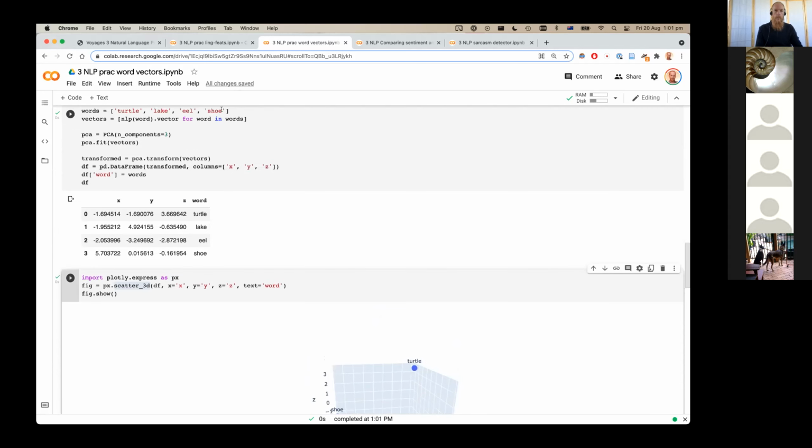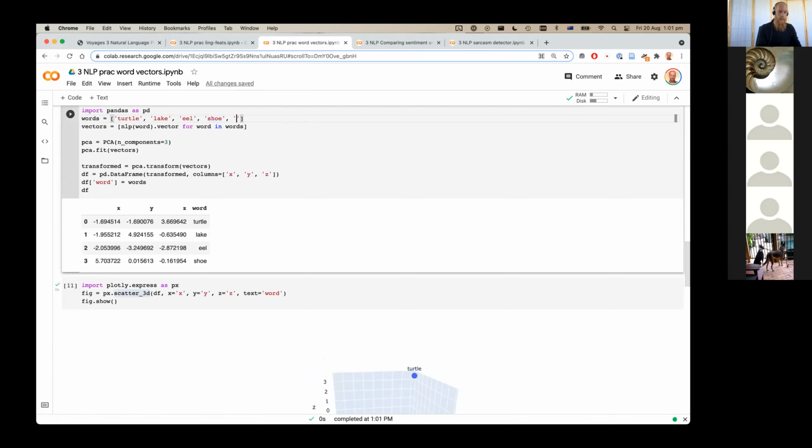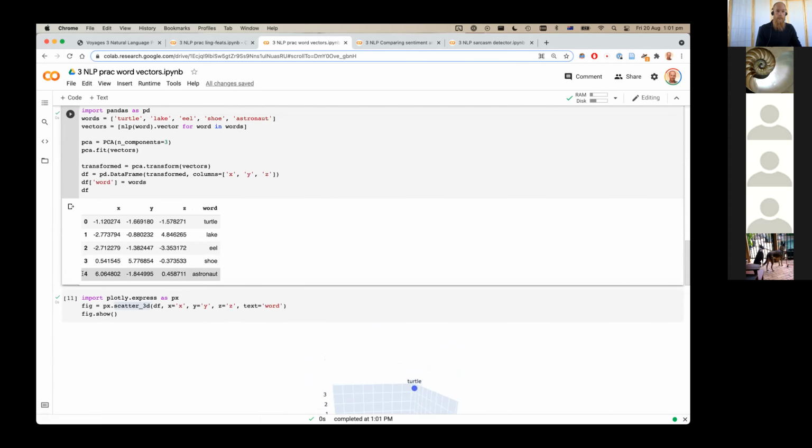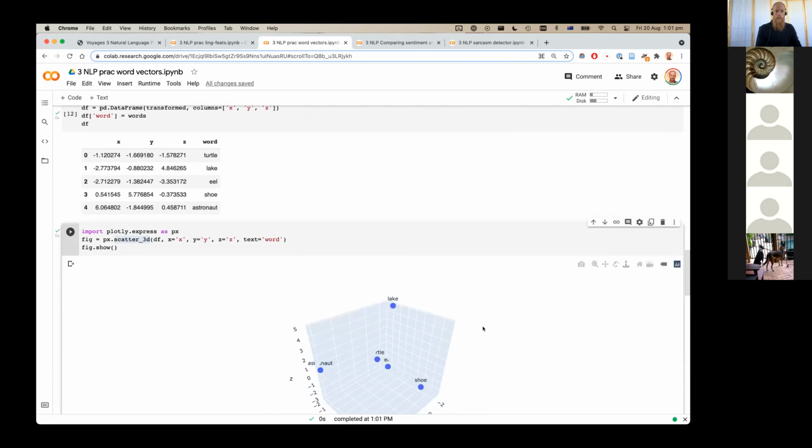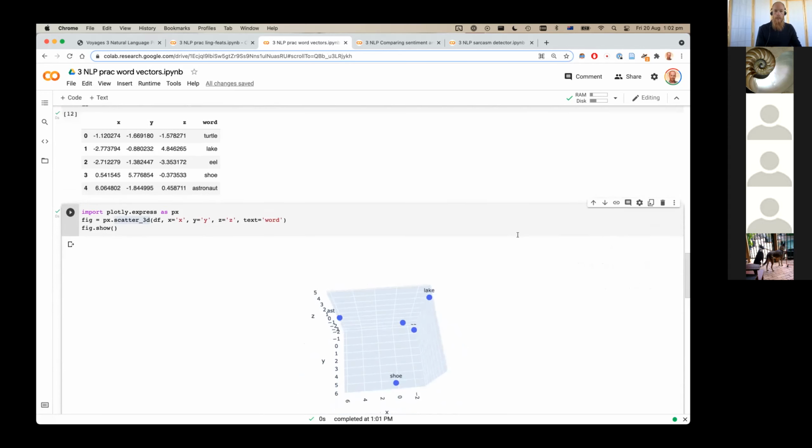What if we were to put astronaut? Okay, so that's really changed the shape of the chart quite a bit.